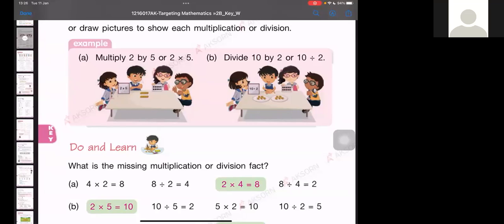Now, the missing multiplication is 2 times 4 equals 8. We're just going to swap. The same with 4 times 2 equals 8. They are the same. Also, 2 times 4 is equal to 8. Did you understand?